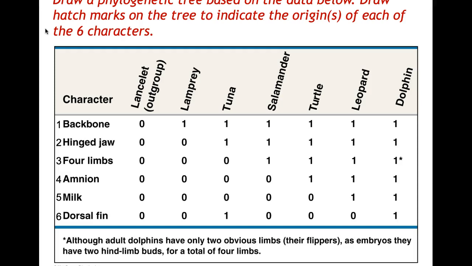Now this one does have a little bit of a trick with the dorsal fin. So see if you can figure out what exactly you should use. The characteristics are numbered, so you can use hatch marks and numbers, or you can actually write in the characteristic. It won't make a difference either way.